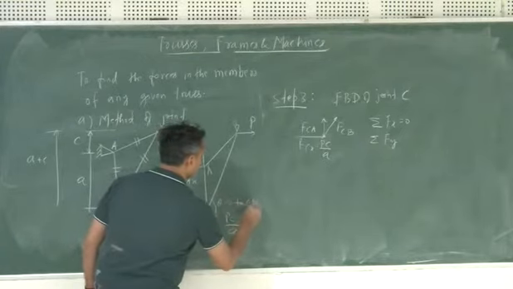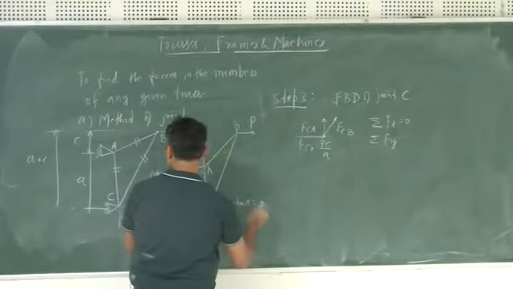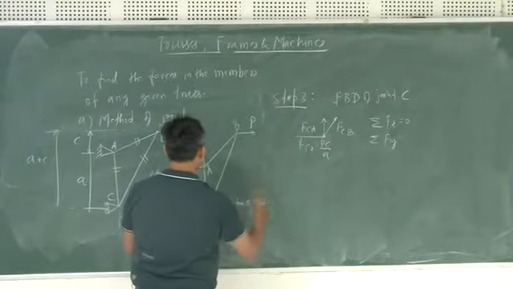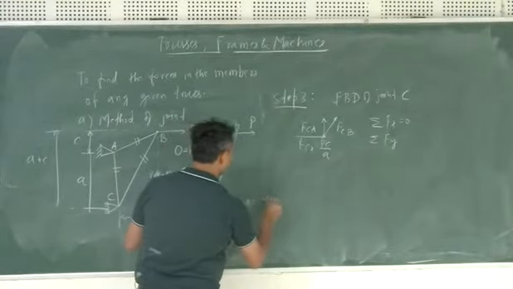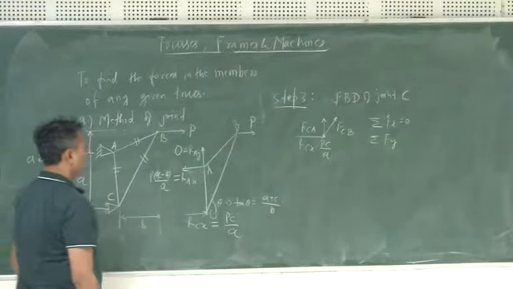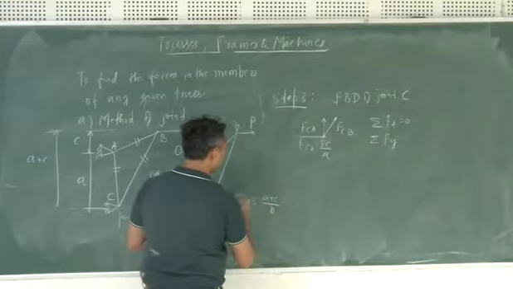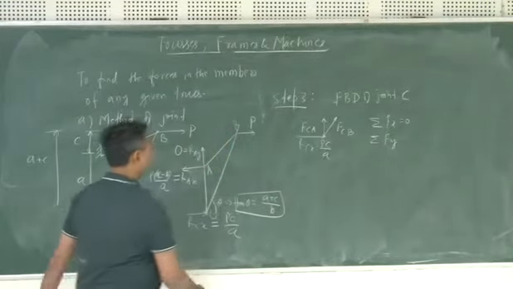Tan theta is nothing but, now this particular distance is given by A plus C divided by B. So this is what it will be, cos theta.